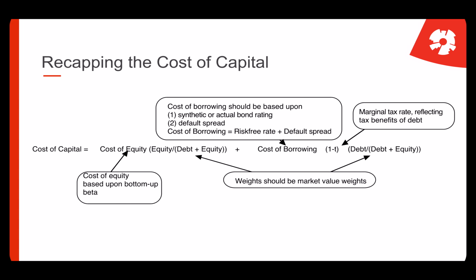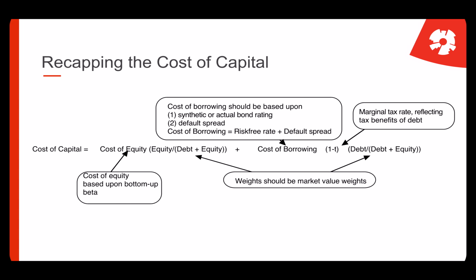On the equity side, the cost of equity is estimated using the bottom-up beta approach, which we discussed earlier, multiplied by the equity risk premium, and it should always be weighted using the market value of equity, not book value. On the debt side, the cost of borrowing should be based on either a synthetic rating or an actual bond rating.